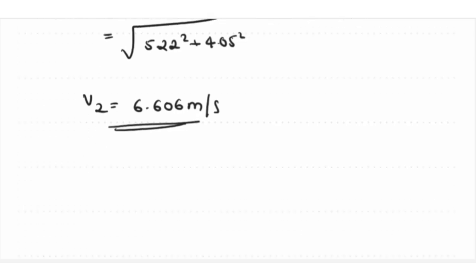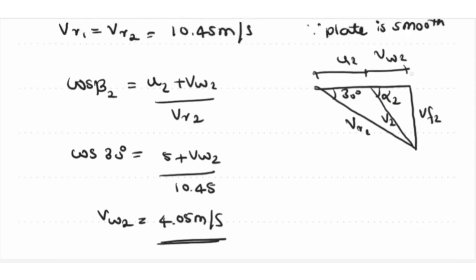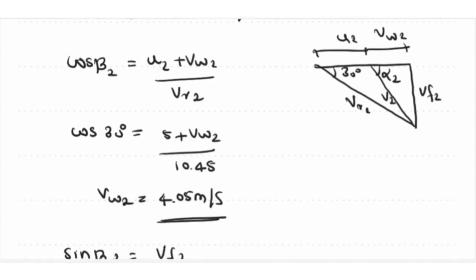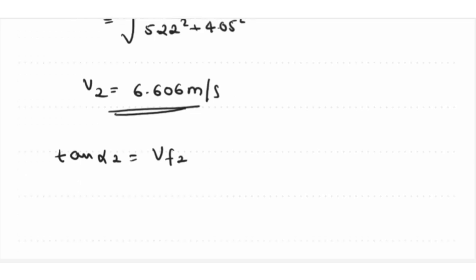We should calculate what is the direction. We can calculate the direction by referring to this outlet triangle. So we need alpha 2. Here vf2 is known and vw2 is known, so we can apply the tan to the triangle. So tan alpha 2 is equal to vf2, the opposite side, divided by vw2, the adjacent side.